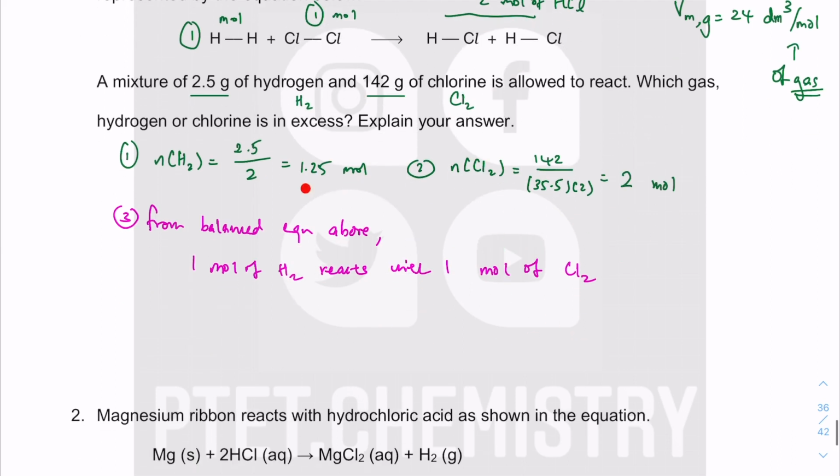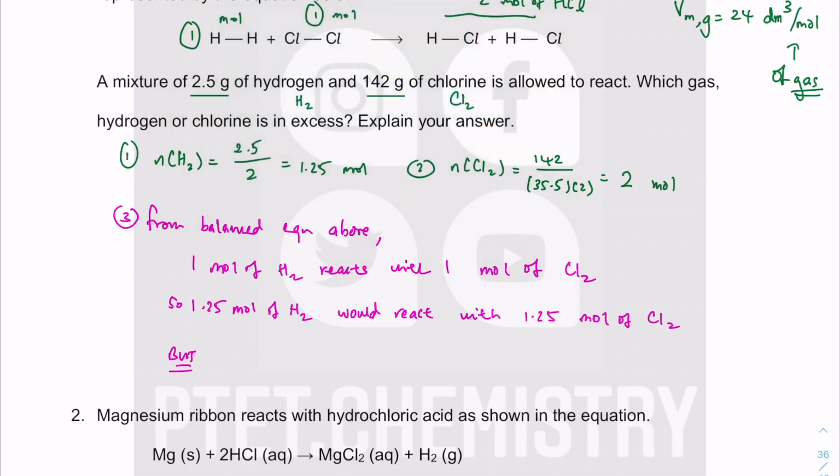So if I have 1.25 mole of H2, basically how much would it react with? Because 1 mole reacts with 1 mole, the ratio is exactly 1:1. So 1.25 mole of Cl2 will be needed. But what do we have?